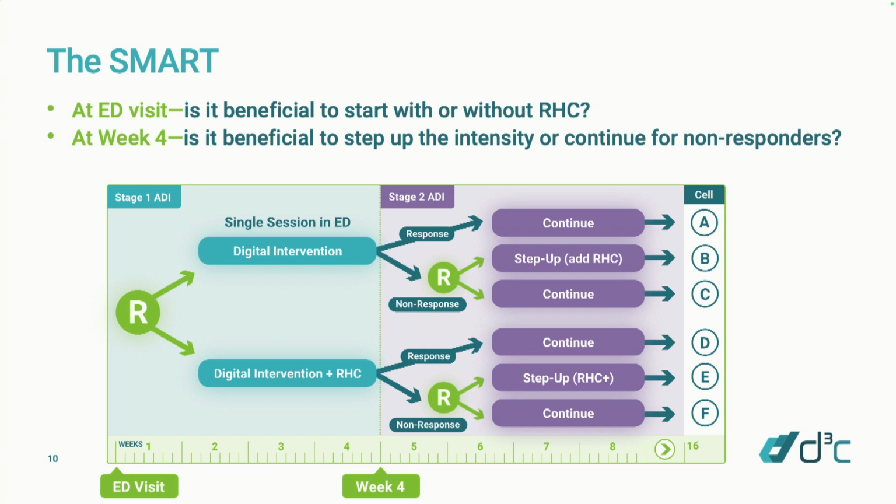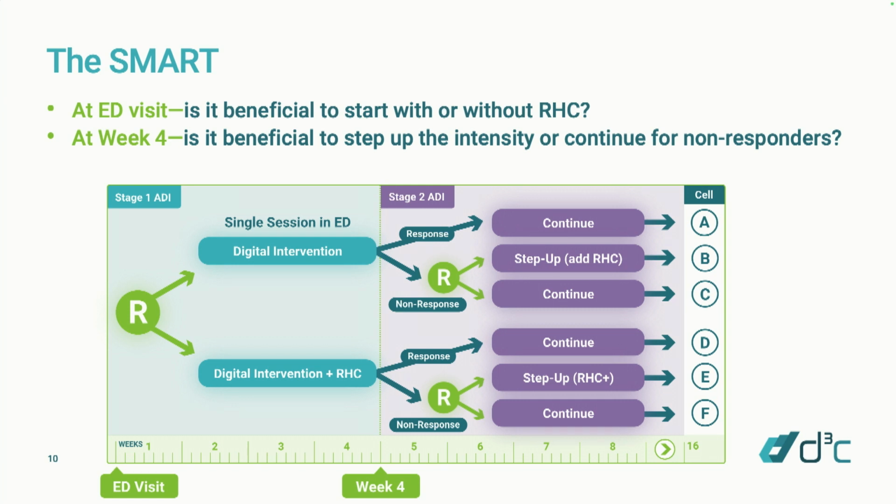But what I want you to take out of this is that the randomizations in the SMART correspond to our scientific questions. They're not supposed to make things complicated just for the sake of making things complicated. They're supposed to help us answer scientific questions. I have 2 questions here about 2 decision points. What to do initially, and what to do at week 4, only for non-responders.